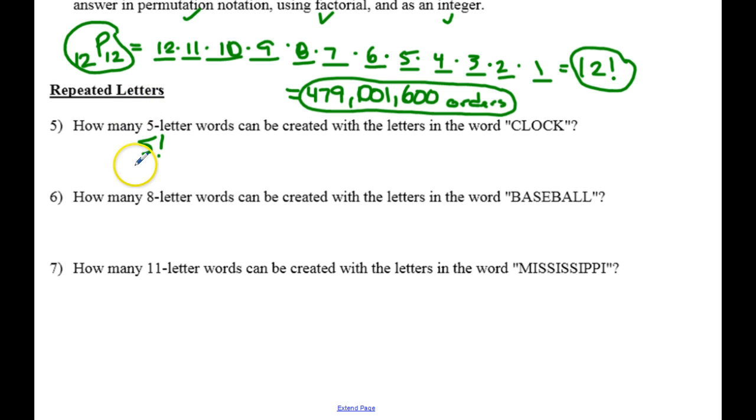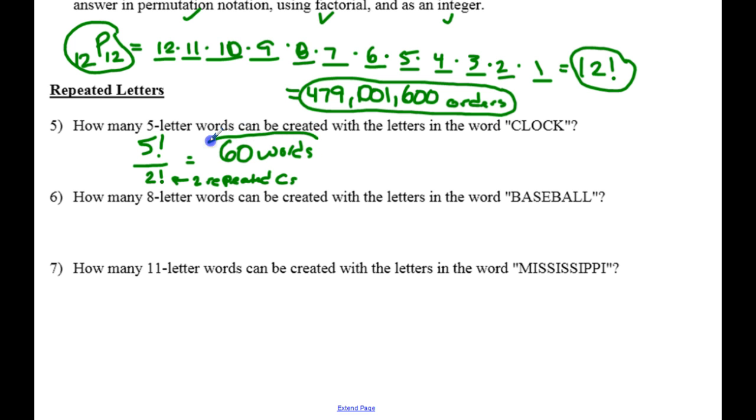However, unlike with cat, there's really no way for me to tell this C from this C. They're indistinguishable. So I have to take out the 2 repeated C's because there's 2 factorial ways of arranging the repeated C's. So what I'd like you to write down here is 2 repeated C's. And then we just do 5 factorial divided by 2 factorial. It turns out it's 60 words.